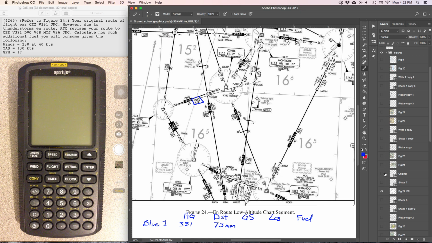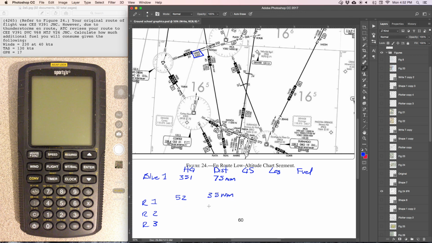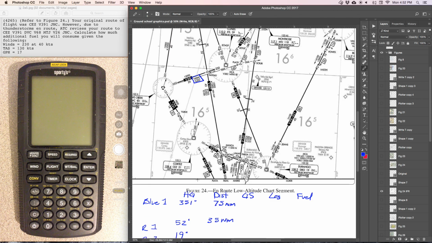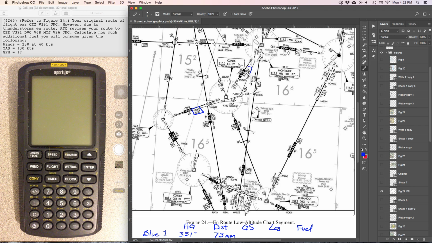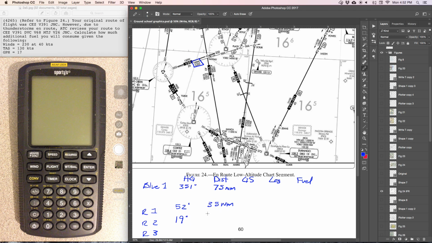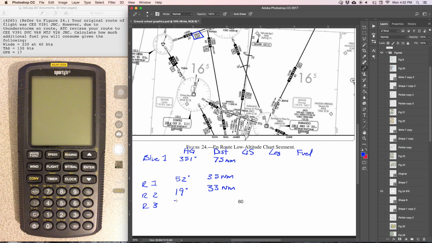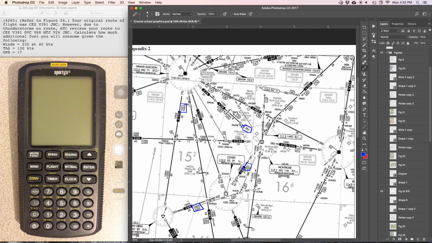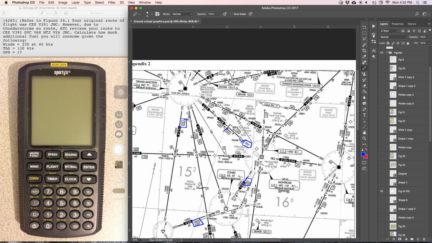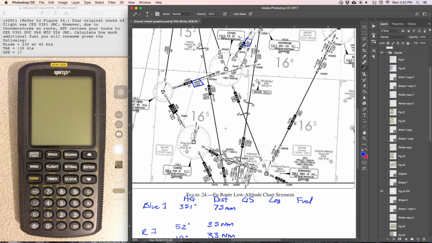For the second leg, we're looking at 19 degrees and 33 nautical miles. And leg 3, 297 heading, and a total of 53 nautical miles.